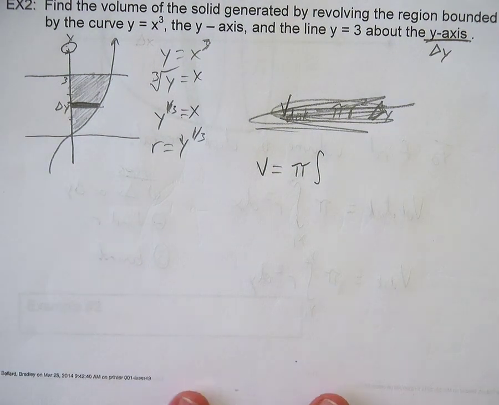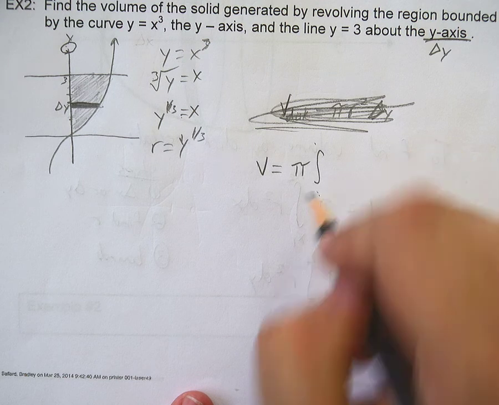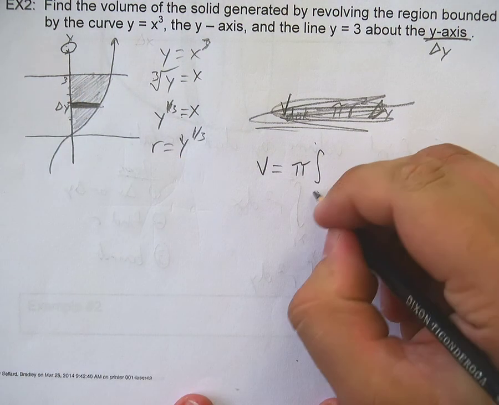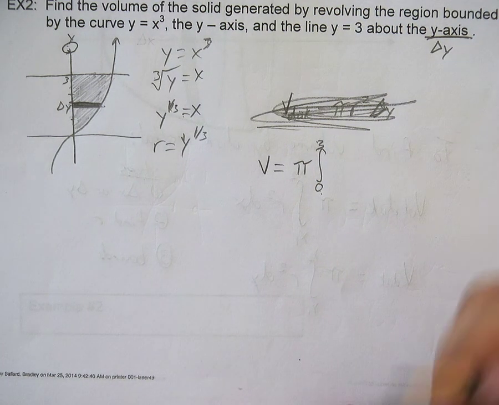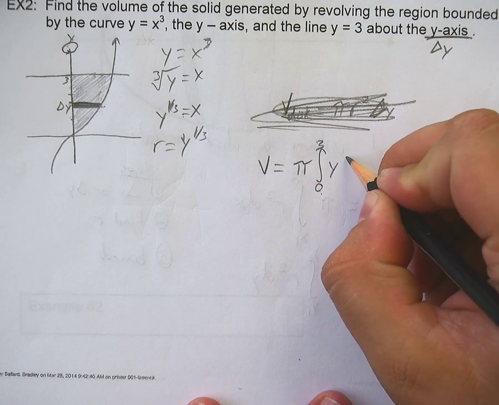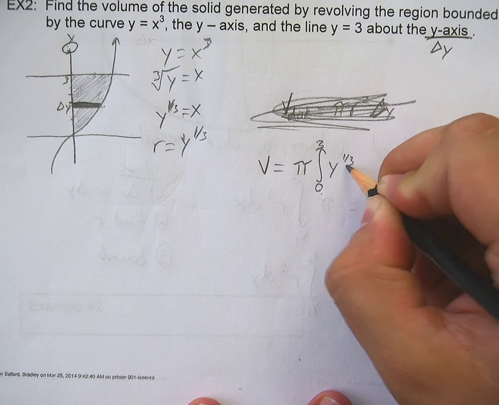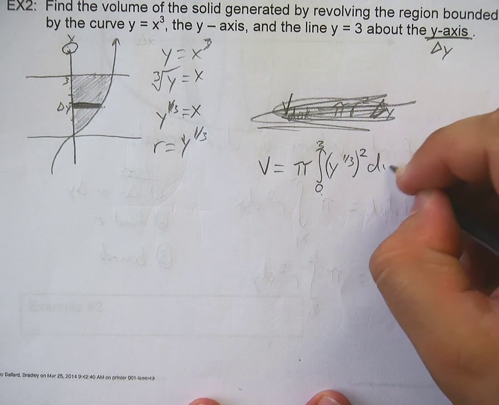Now where are we integrating from and to? Because this has to be y1 to y2. So our lowest y value here is going to be 0. Our highest y value is going to be 3. Of y to the 1/3 squared, because it's radius squared, dy.